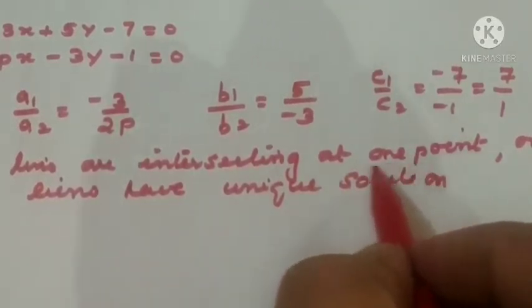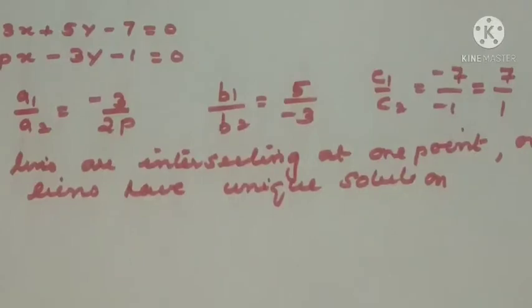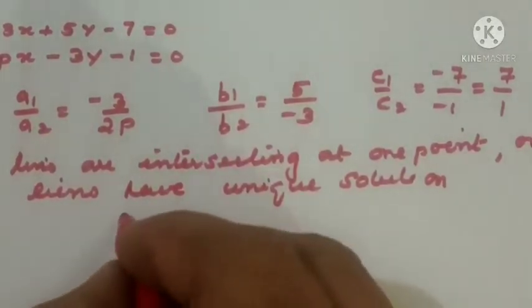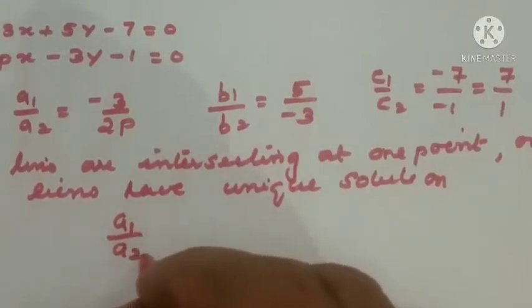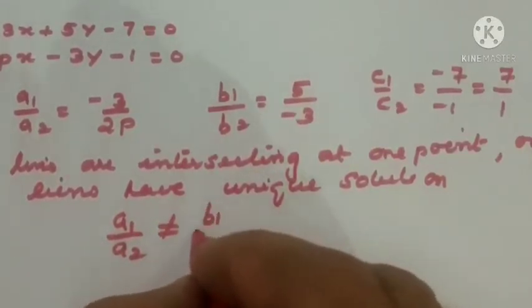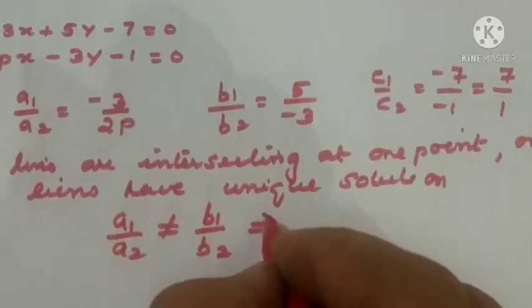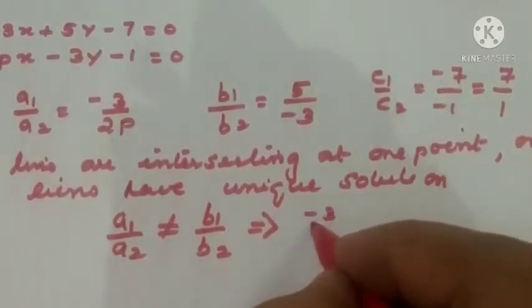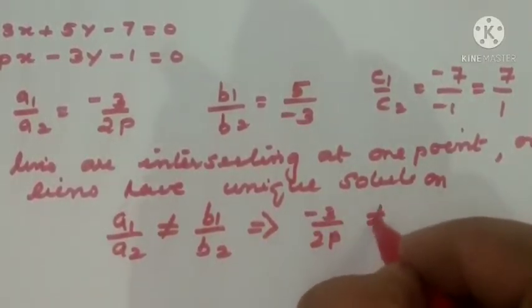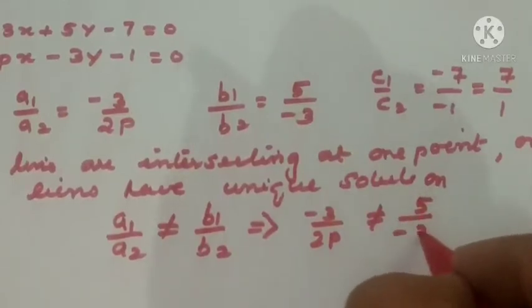What is the unique solution condition? A1 by A2 not equal to B1 by B2. That means the first two ratios only we have to see. Minus 3 by 2p not equal to 5 by minus 3.